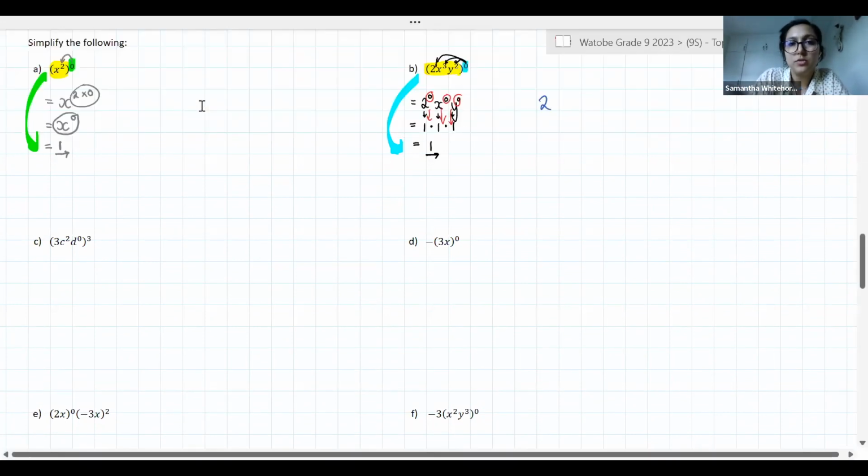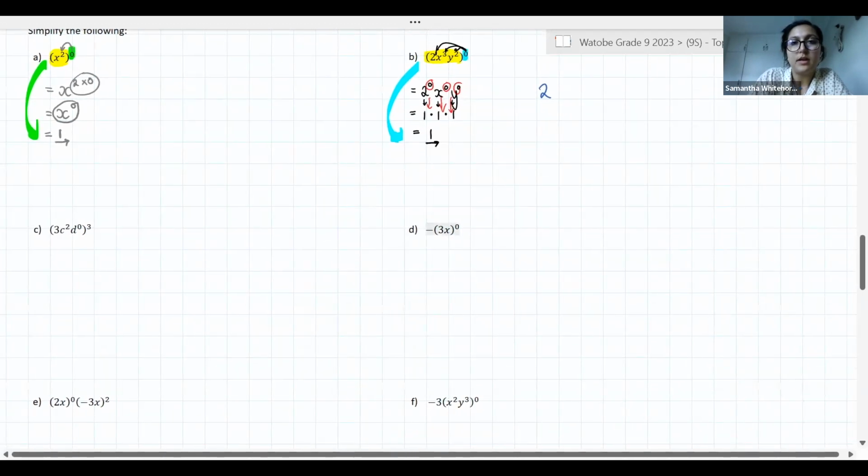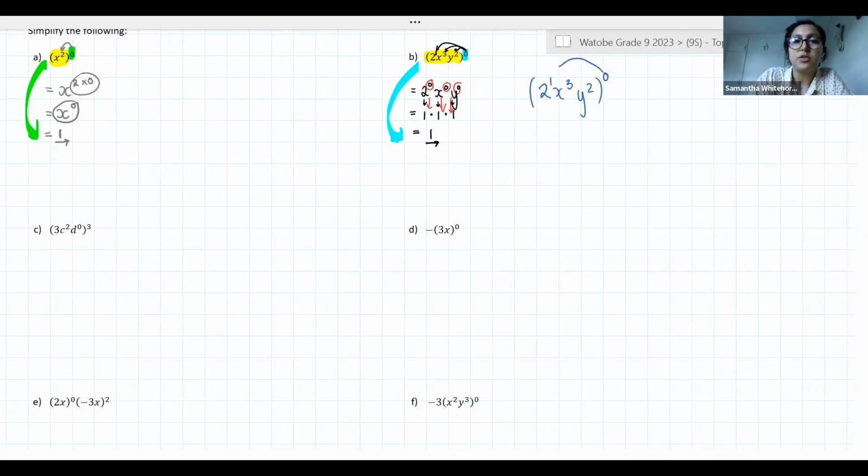We've got 2x cubed y squared all to the power 0. So when I distribute the 0 in, I get 2 to the power 1 times 0, x to the power 3 times 0, and y to the power 2 times 0. Now, anything times 0 is still 0. So I've got 2 to the power 0, x to the power 0, y to the power 0.